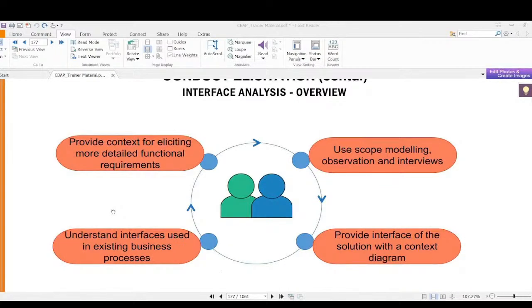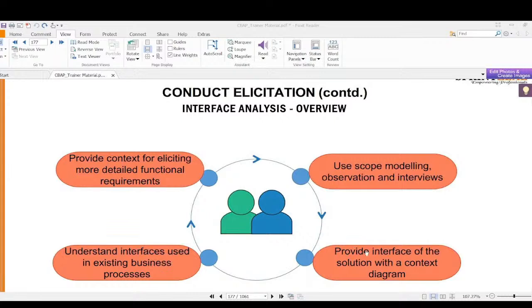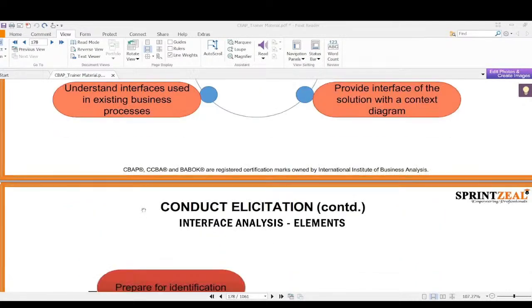If you understand interfaces, you should be able to understand interfaces used in existing business processes because that's what you should know. Provide the interface of the solution with a context diagram. So if there is a solution that is interfacing with other processes, maybe some UI applications, then a BA should provide a context diagram of that solution, of that interface.